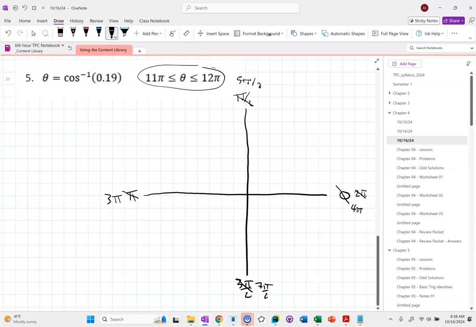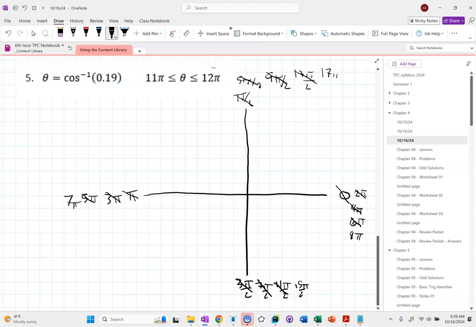Because I have to get to 11 to 12, I just am going to keep going around until I get there. So that was at 8 halves. Now we're at 9 halves, 10 halves, 11 halves, 12 halves, 13 halves, 14 halves, 15 halves, 16 halves.